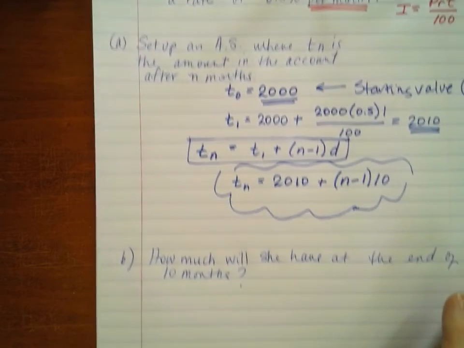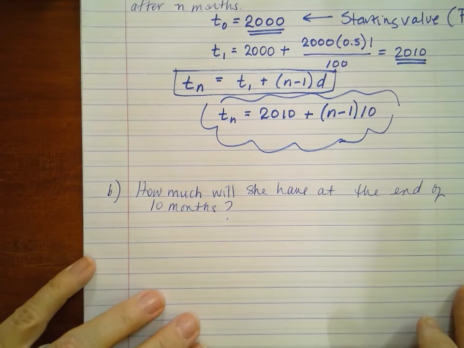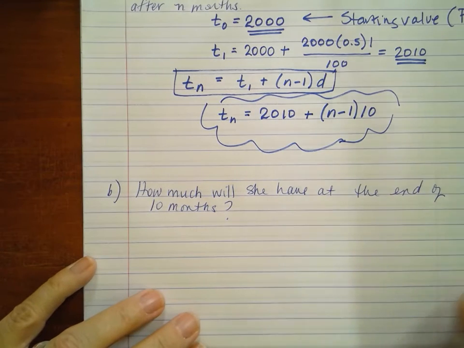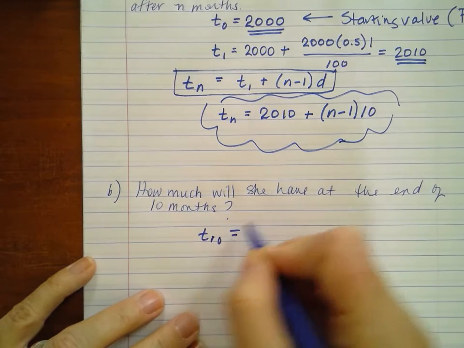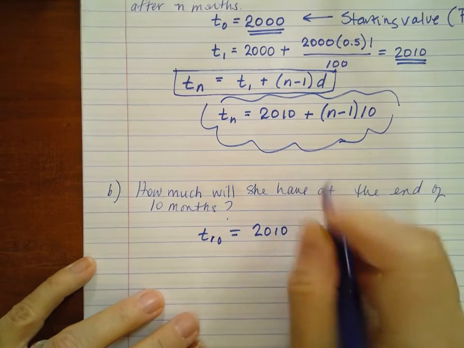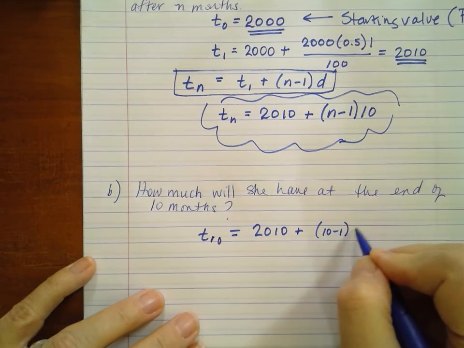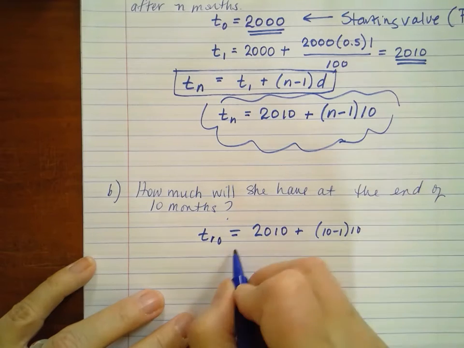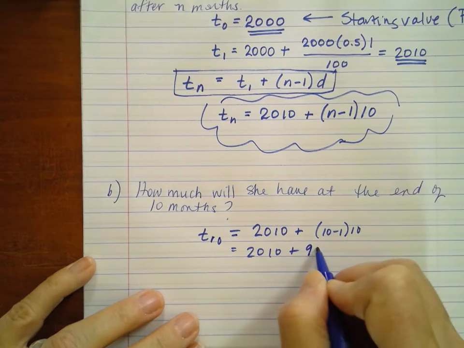B says, how much will she have earned at the end of 10 months? All I need to do is put 10 in for n. So T sub 10 equals 2010 for my formula, plus 10 minus 1 times 10, or 2010 plus 9 times 10, 90.